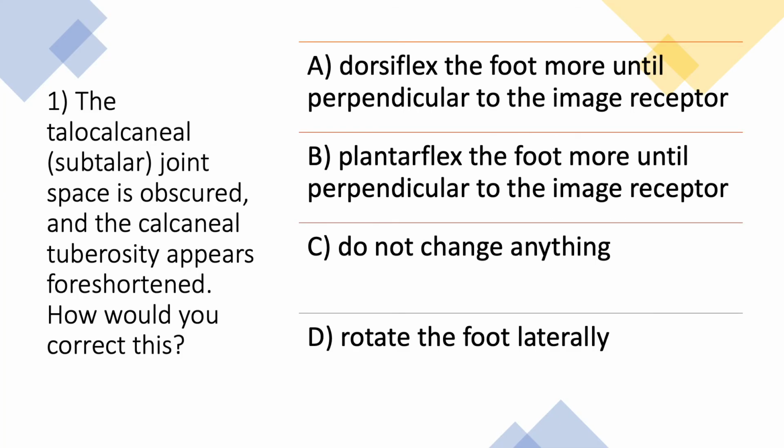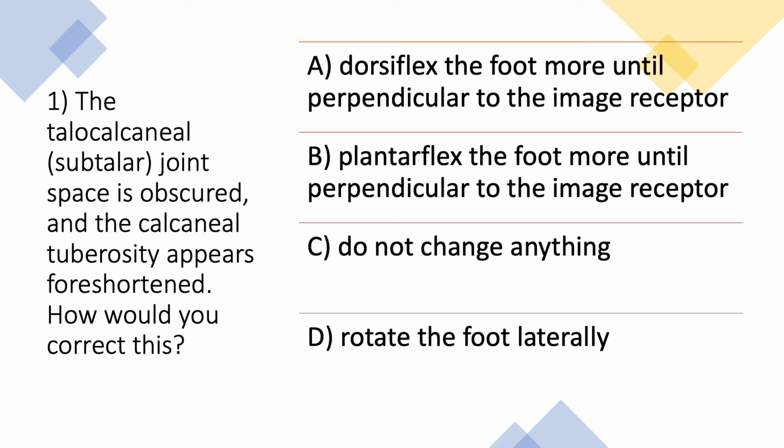I have provided a few quiz questions to review the content we just covered. Number 1. The talocalcaneal or subtalar joint space is obscured and the calcaneal tuberosity appears foreshortened. How would you correct this? A. Dorsiflex the foot more until perpendicular to the image receptor.